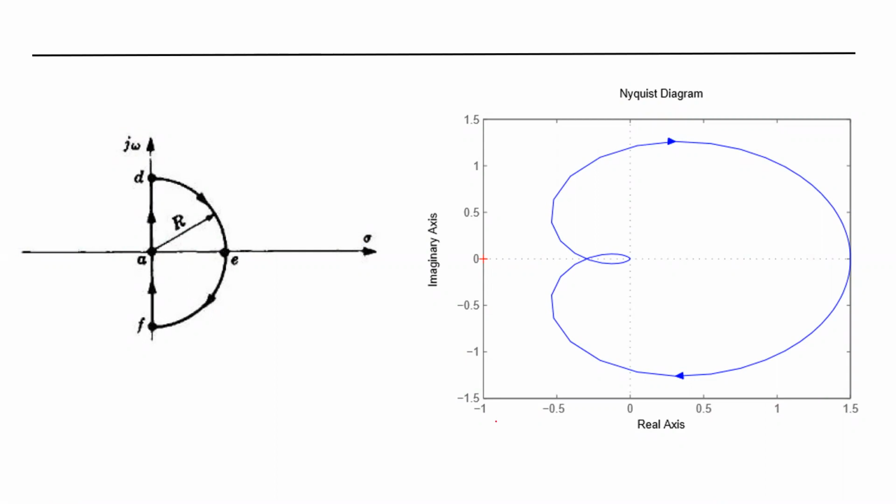This is the minus 1, and I'm talking about this point. This is the 1.5, the starting point. Go this way and come back.